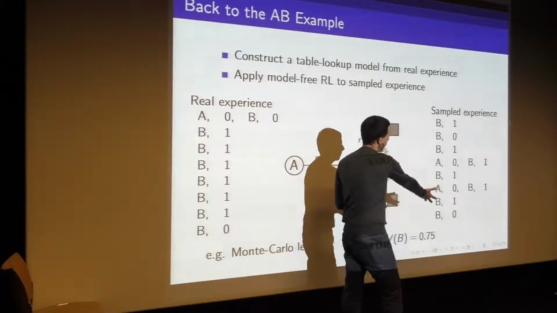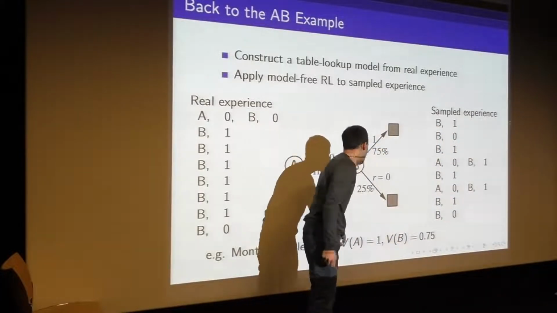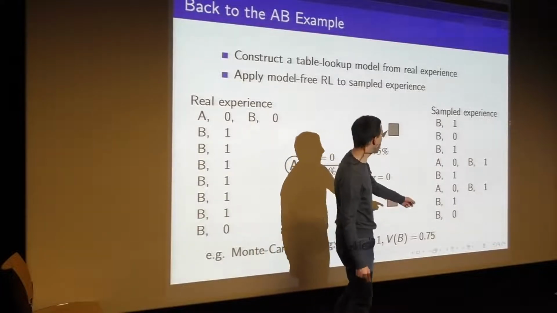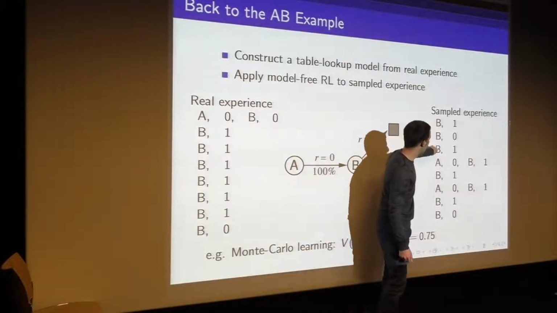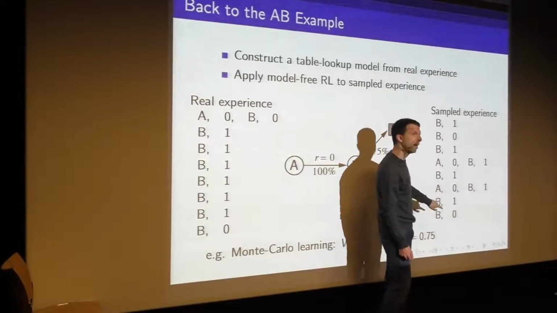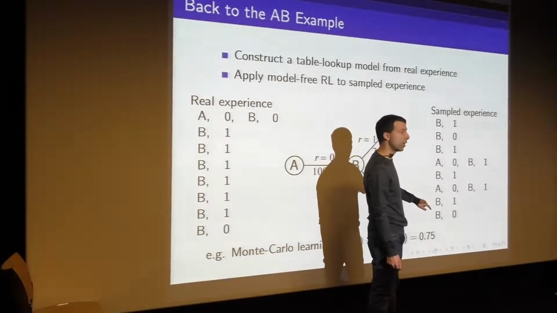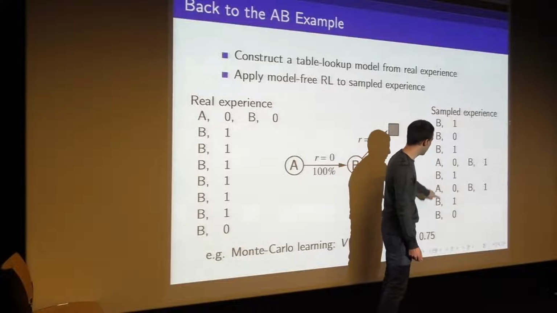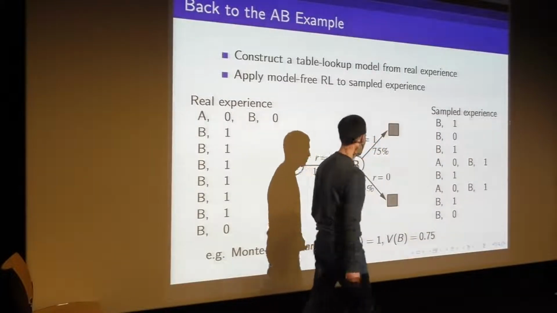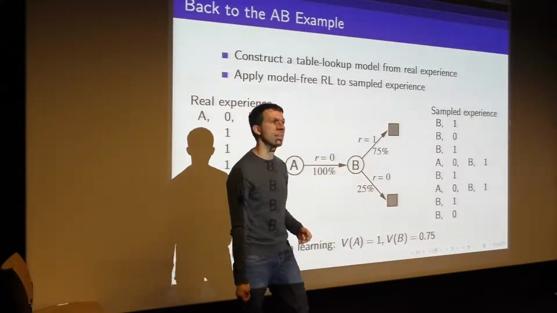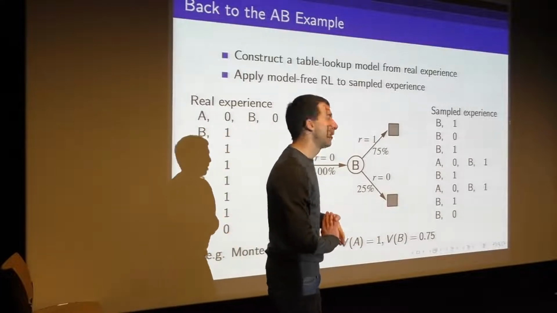So from this set of samples, we would estimate that the value of A is 1, and the value of B would be, I've got 6 trajectories where B led to a reward of 1, and 2 trajectories where I got 0. So we would say the value of B is 6/8 or 3/4.